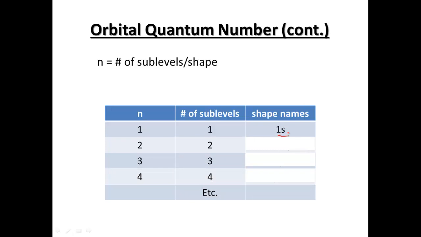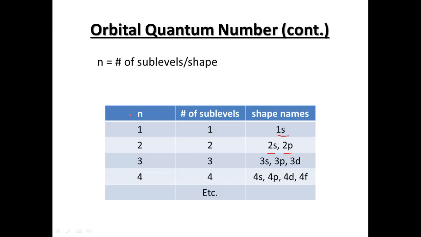Once we get to the second energy level, we've got the 2s and the 2p. Once we get into the third, we've got the 3s, the 3p, and the 3d as all options where the electrons can fill. And once we get to n equals 4, the 4s, 4p, 4d, and 4f.